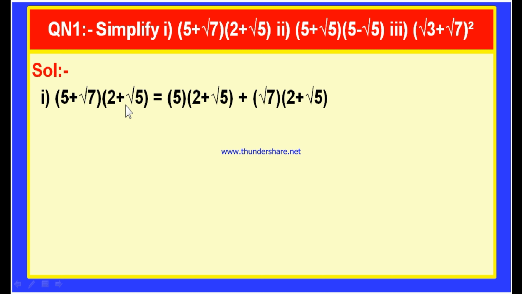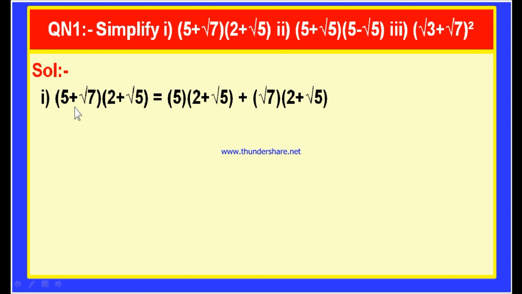In order to find the product of these two, first of all, let us multiply 2 + √5, the total second bracket, with the first value 5. And later again we will multiply 2 + √5 with √7 and we will simplify the value.